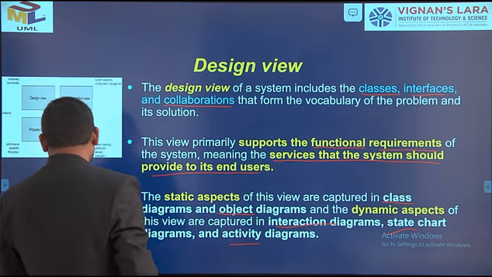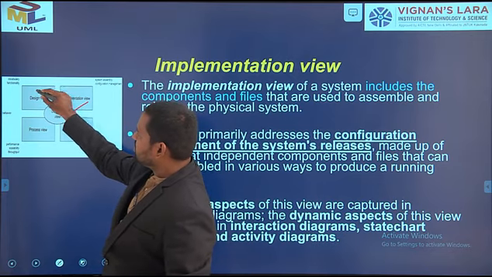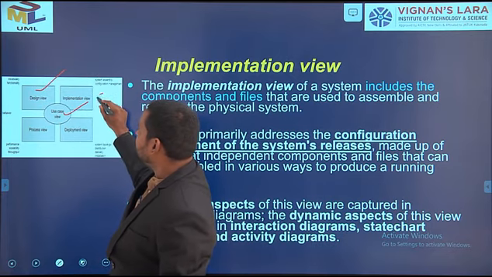Next view, implementation view. Use case view, design view, and the third one is the implementation view.